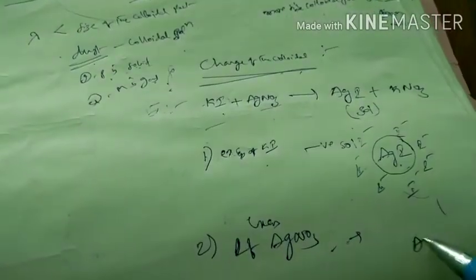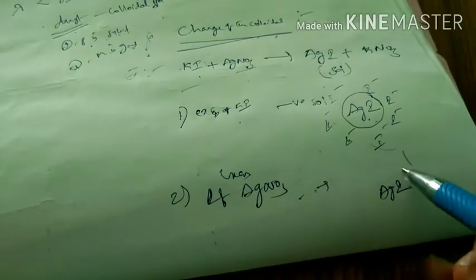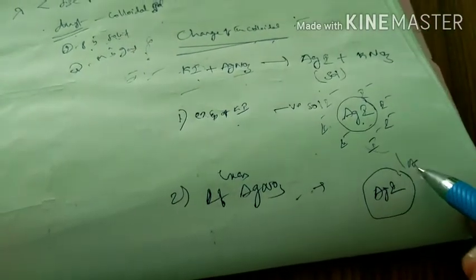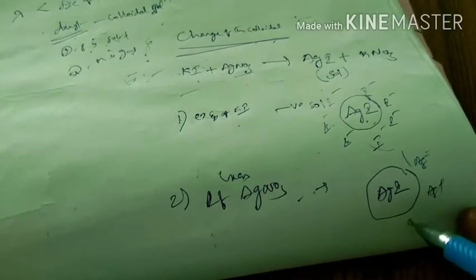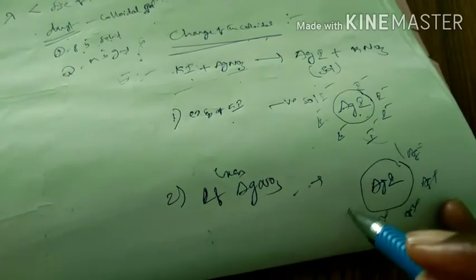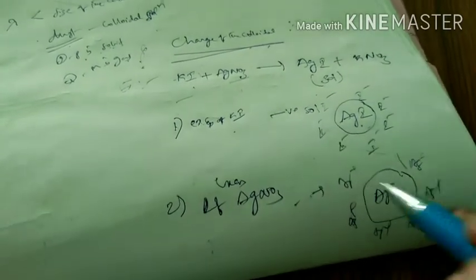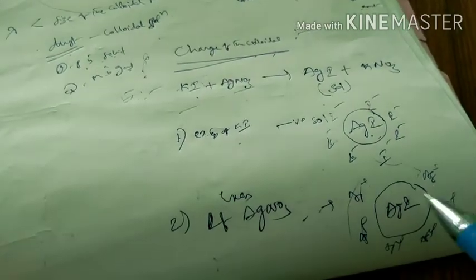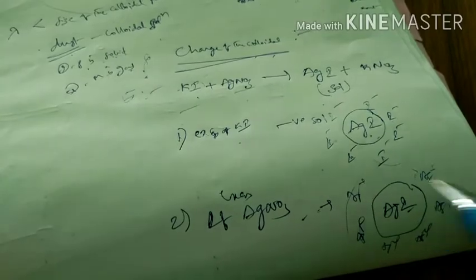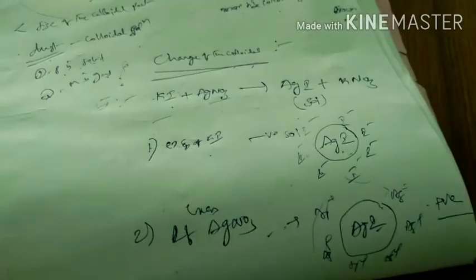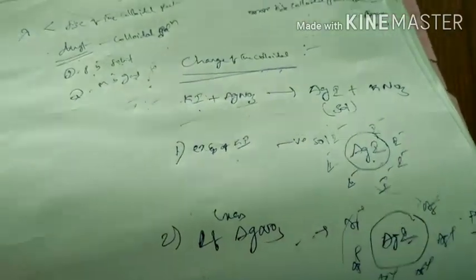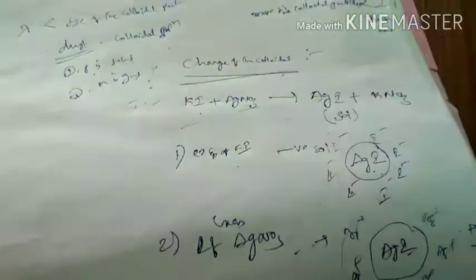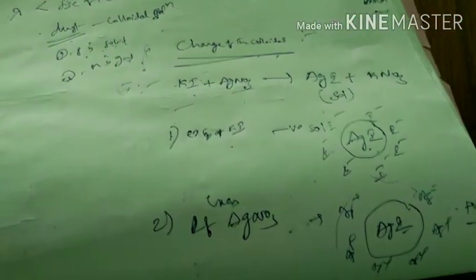AgI is the colloidal particle, and then those Ag plus ions surround the colloidal particle. Based on this charge, we can say the charge of this colloidal particle is positive. That is why it is called a positive sol. The other one is a negative sol. This is explained by the preferential ion adsorption theory.